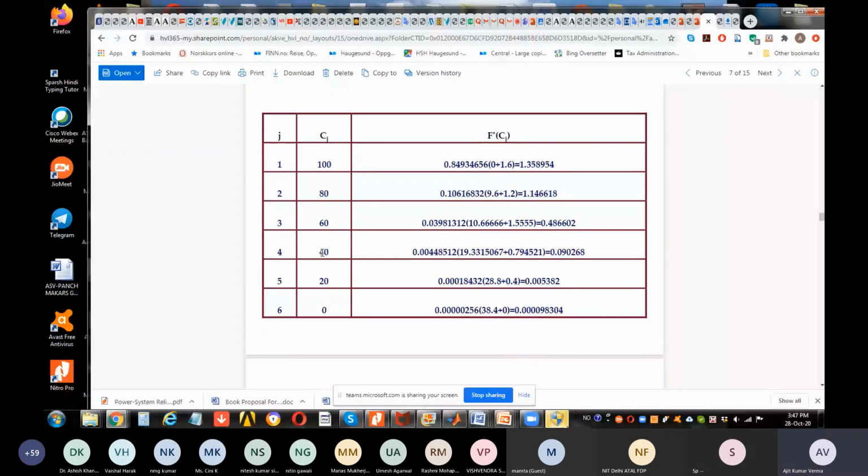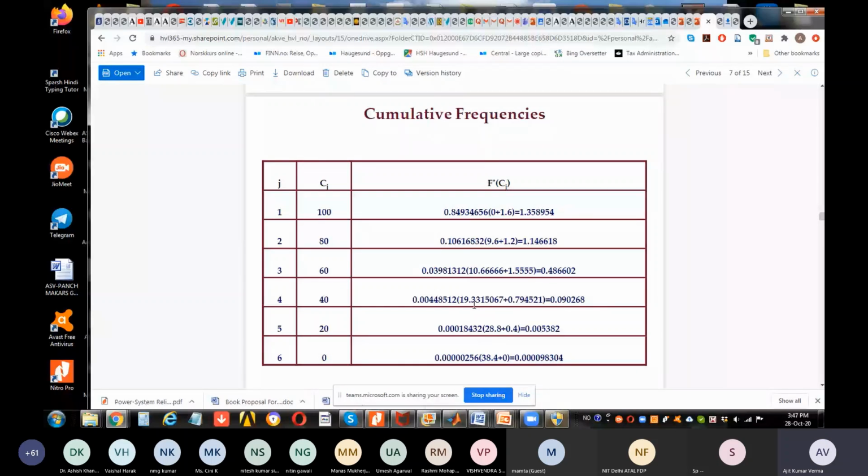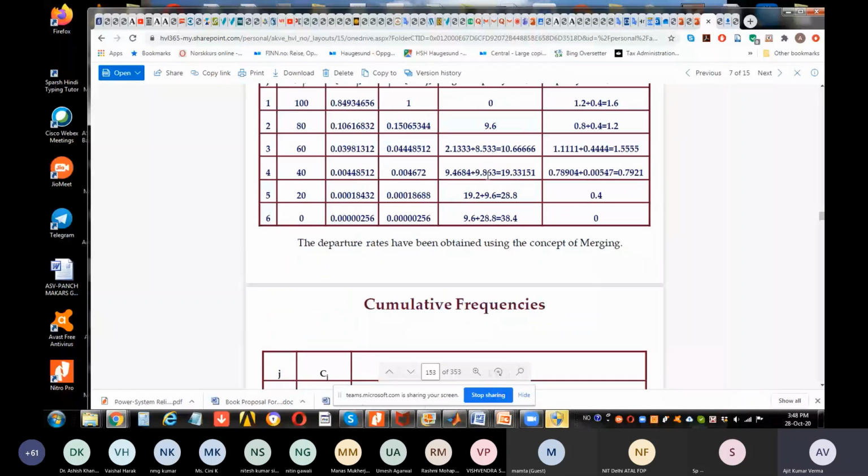Likewise, for the state with 40 megawatt capacity, you look at these probabilities, 0.00448512, and then you look at these two terms, lambda j plus and lambda j minus. For some reason, this is called cumulative frequency.